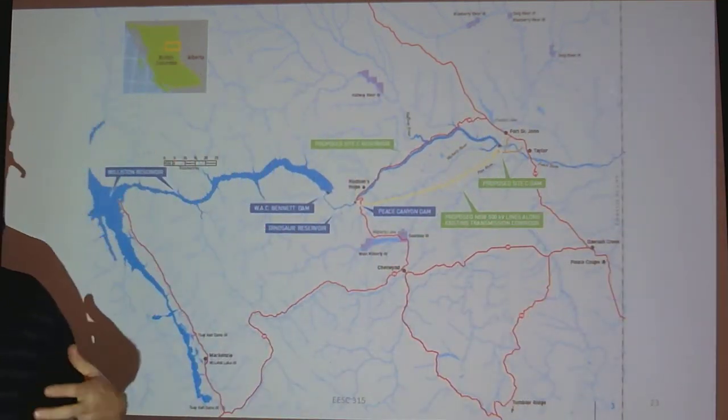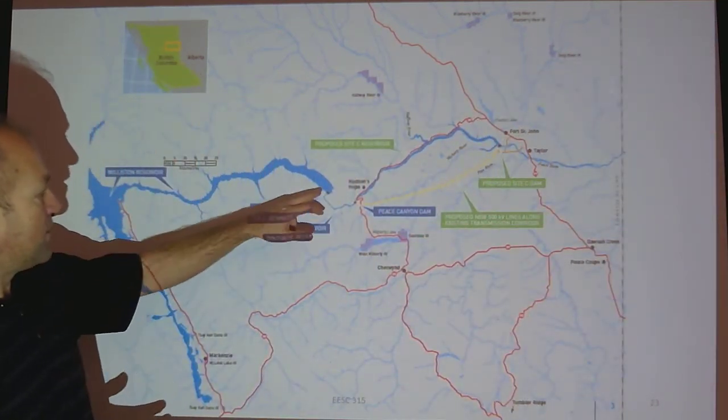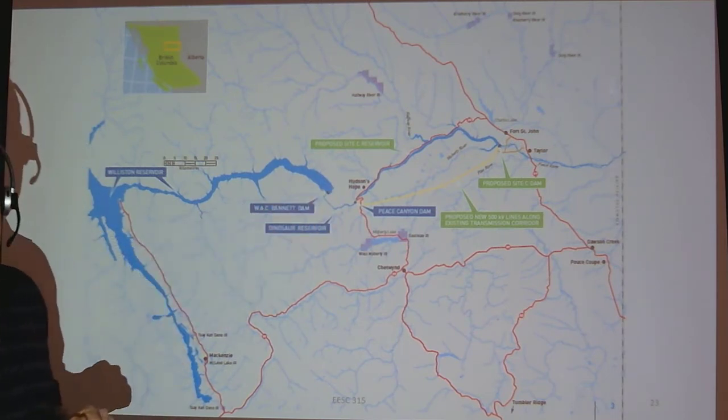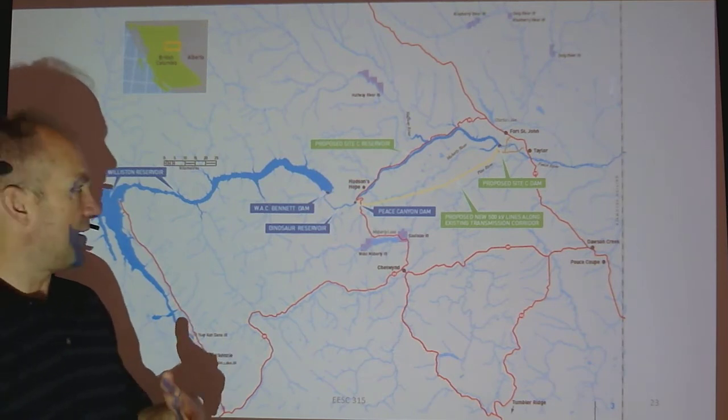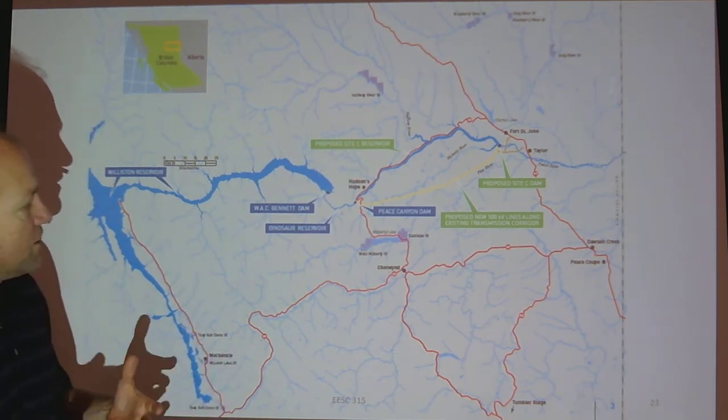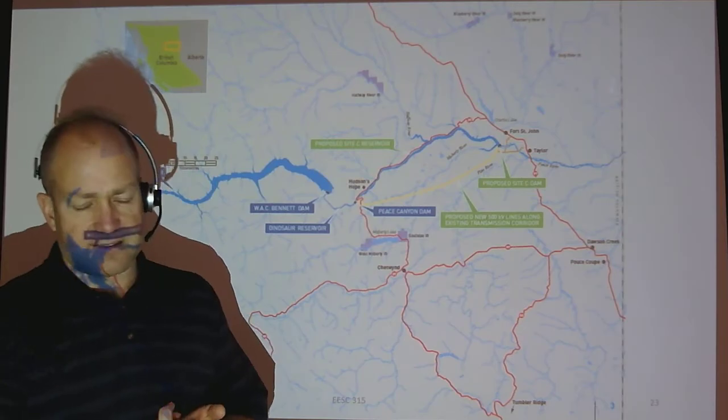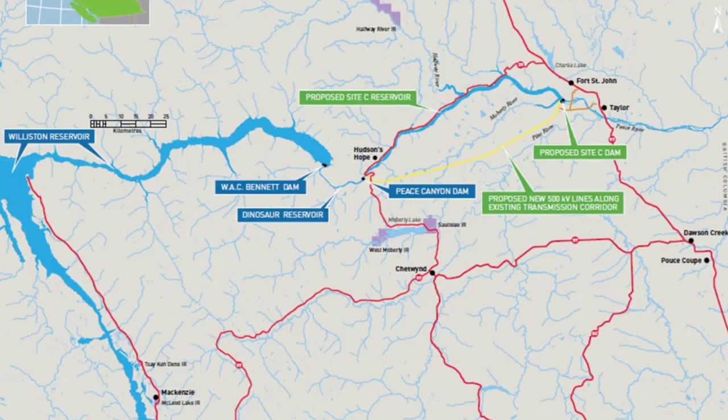And so what made this an interesting project is that there was no environmental impact assessment done on the W.A.C. Bennett Dam. That was over 50 years ago. That was before EIA existed. And so now the challenge with this project is we don't have a true baseline. There was no comprehensive baseline carried out because there was no EIA.